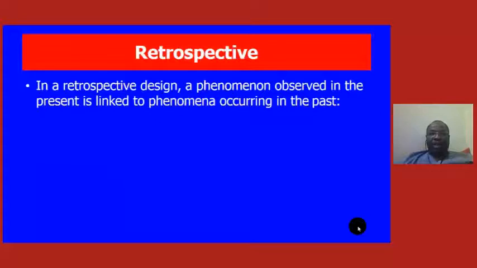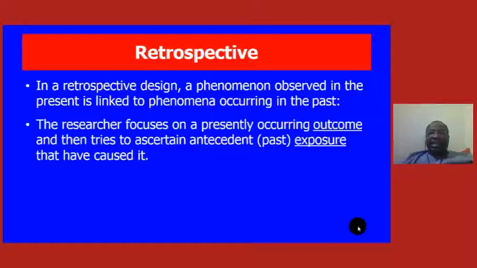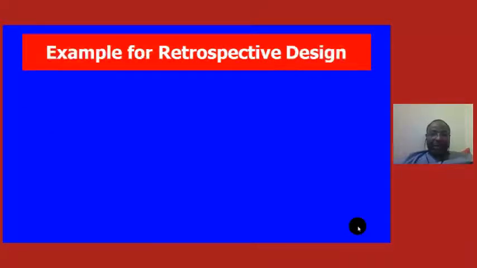In a retrospective design, a phenomenon observed in the present is linked to phenomena occurring in the past. The researcher focuses on a presently occurring outcome and then tries to ascertain the antecedent exposure that may have caused it.